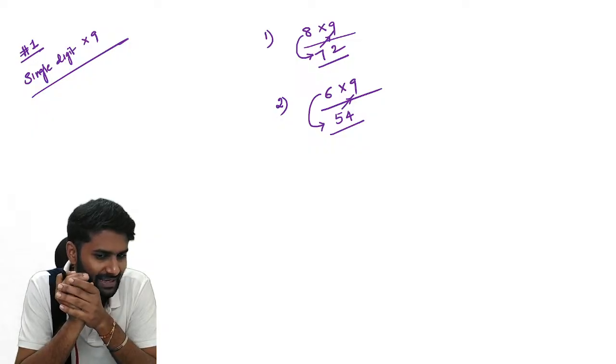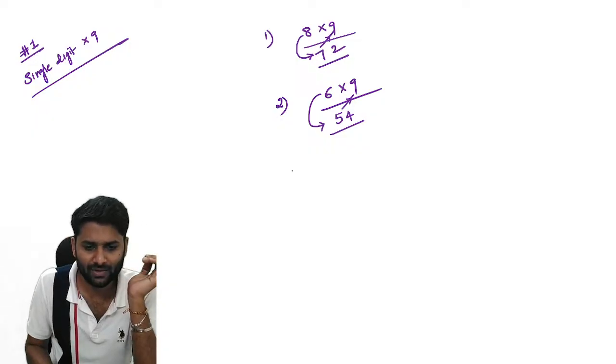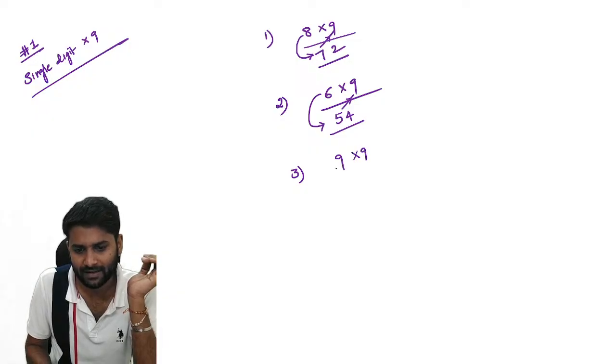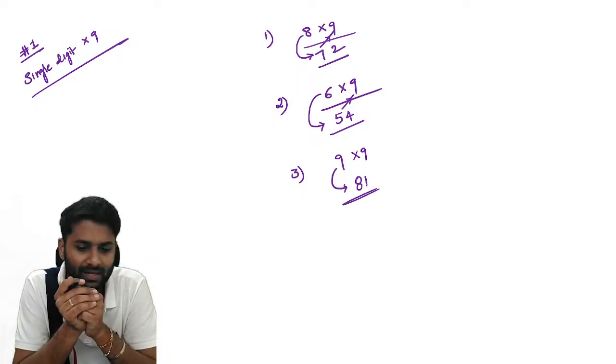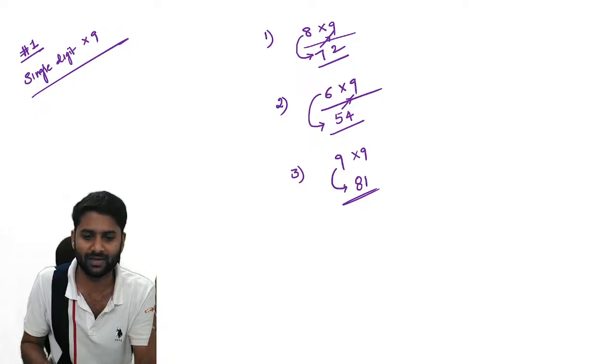If you consider any single digit multiplied with a 9, you can check with, for example, 9 into 9. Consider the previous digit, which is 8. 8 becoming 9 needs 1 unit. That's why 9 into 9, the resultant is 81. It's a pure observation. No logic and no magic here.